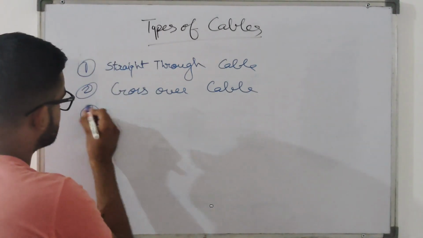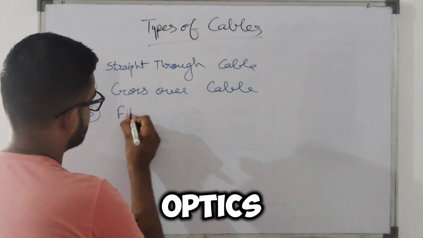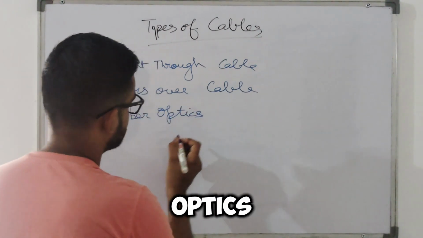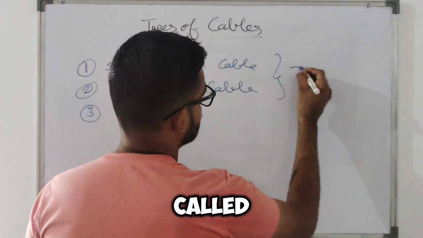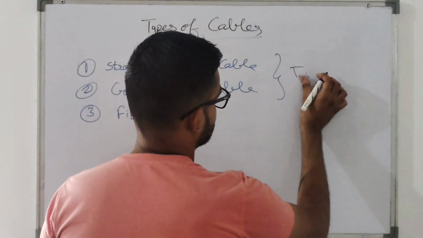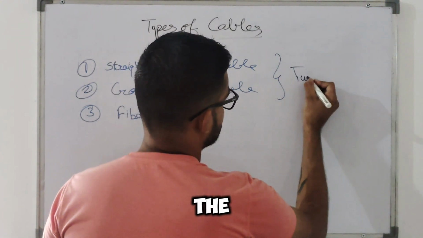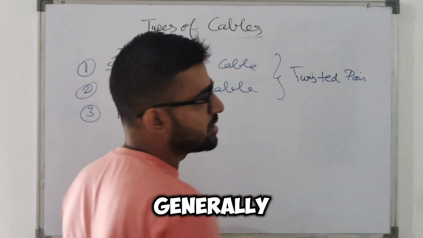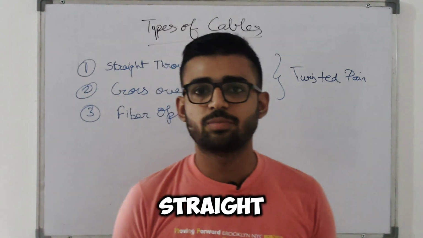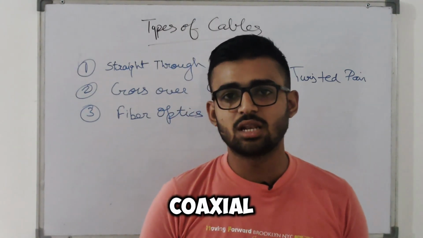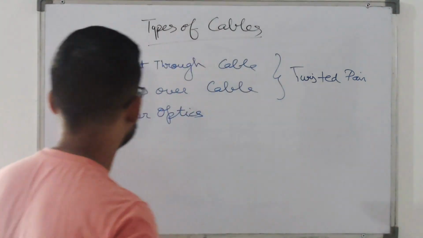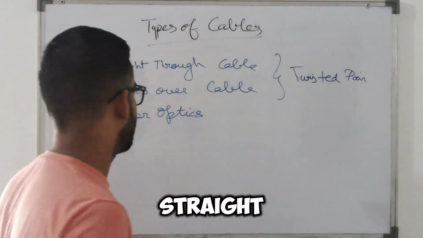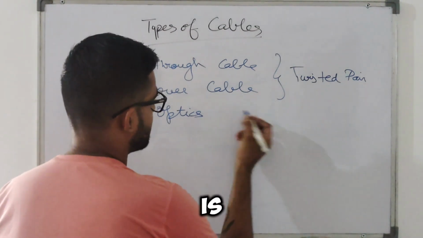The third one is the fiber optic cable. The straight through and crossover cables are also called twisted pair cables. Generally there are 3 types of cable: twisted pair, coaxial, and fiber optics. So the straight through cable and crossover cable come under twisted pair, and fiber optics is generally a fiber optic cable.